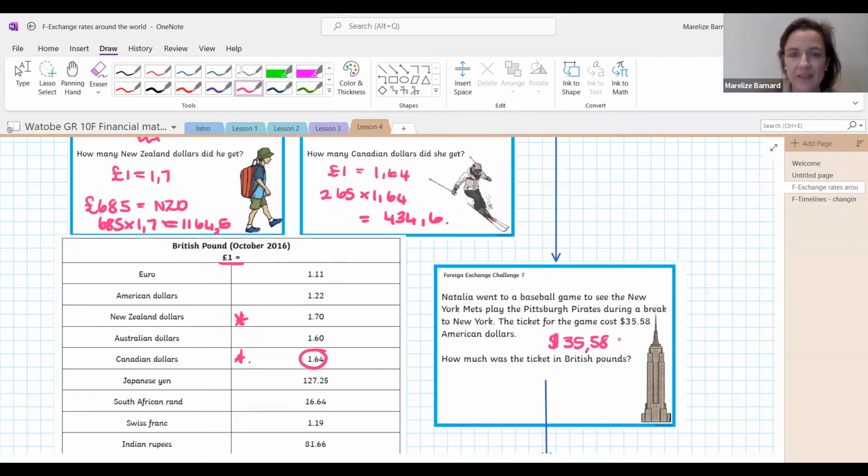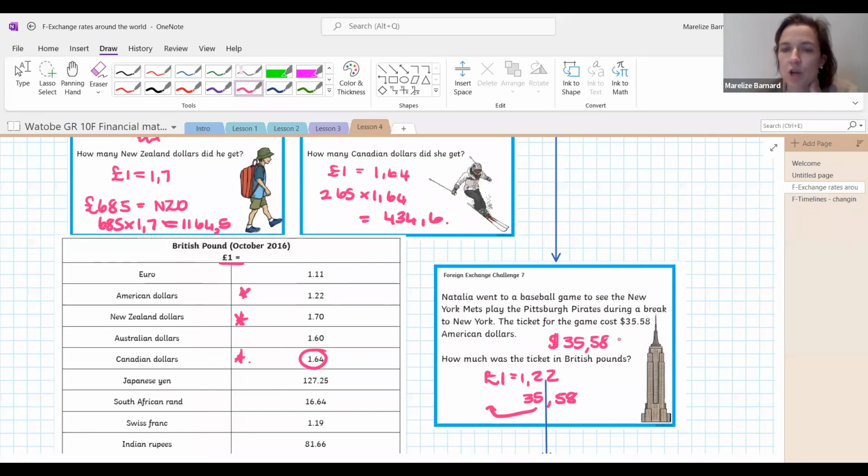Okay, so let's think carefully here. We've got 1 pound. Let's just get that exchange rate. 1 pound in American dollars is 1,22. So we have the price in dollars. So now we have to calculate what the price in pounds was.